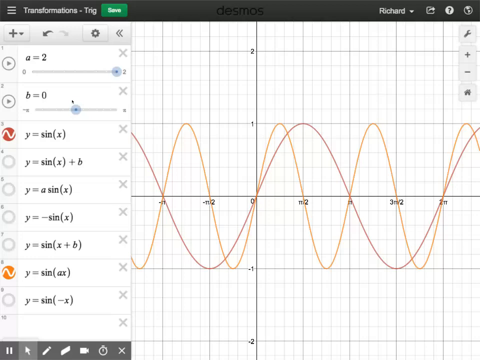So in general, I'm going to write this down because it's an important fact. In general, maybe I'll write it on the same screen there.